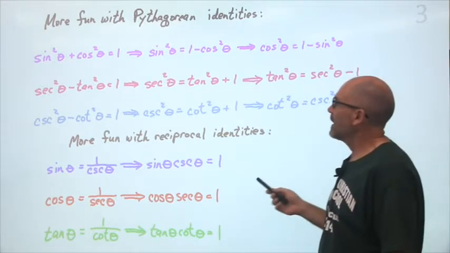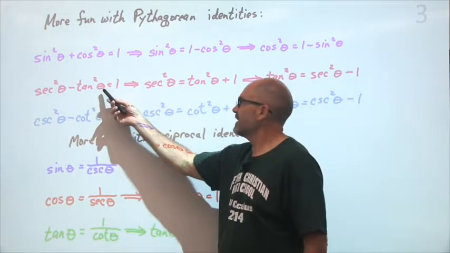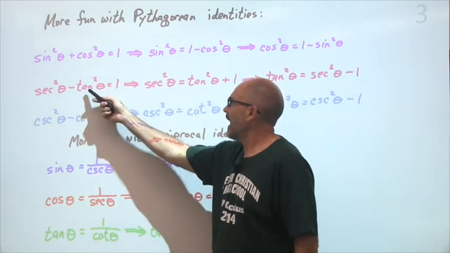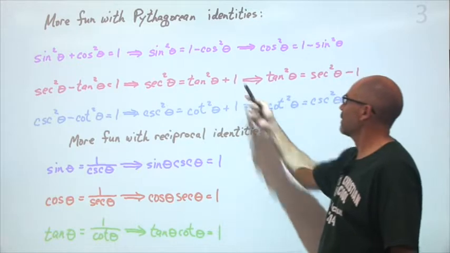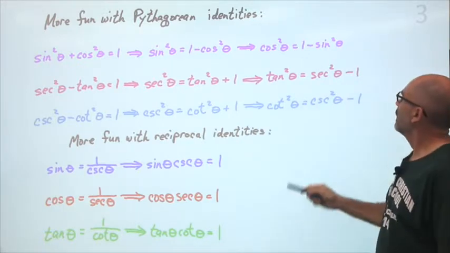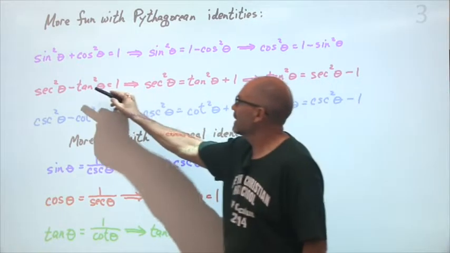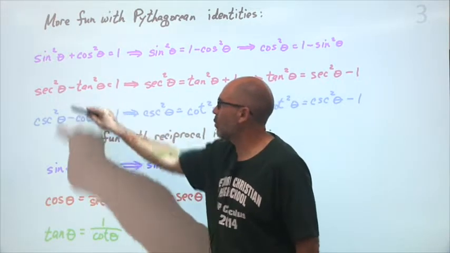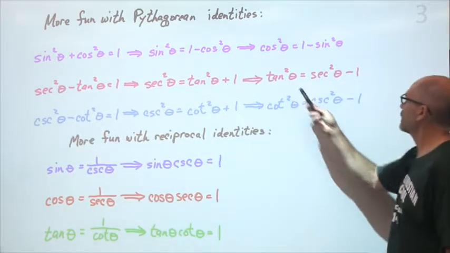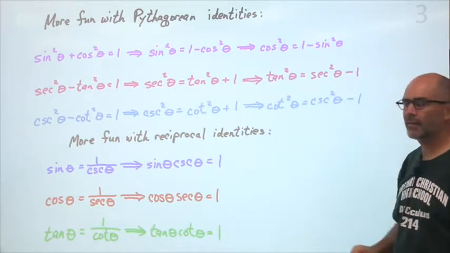Now, the same thing can be done with the secant and the tangent. If I add the tangent squared to both sides, then I have secant squared equals tangent squared plus 1. If I subtract, or let's say add the tangent squared and then subtract 1, I have tangent squared equals secant squared minus 1.